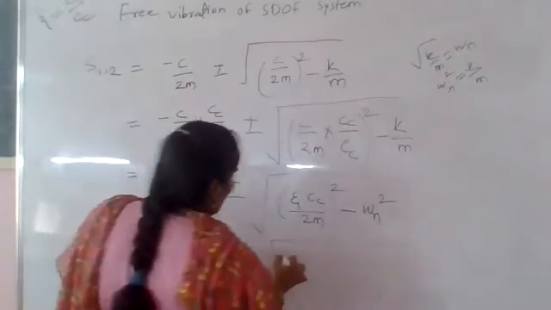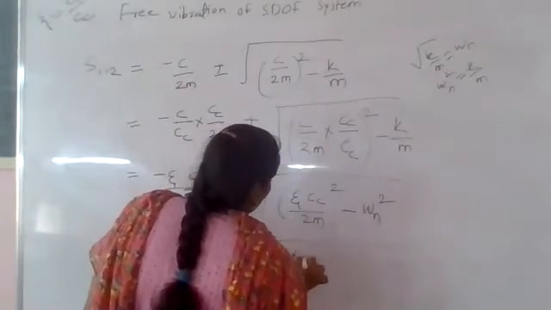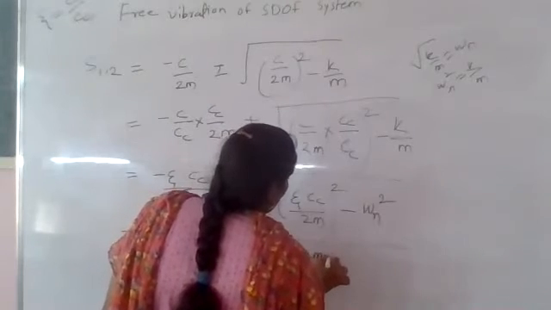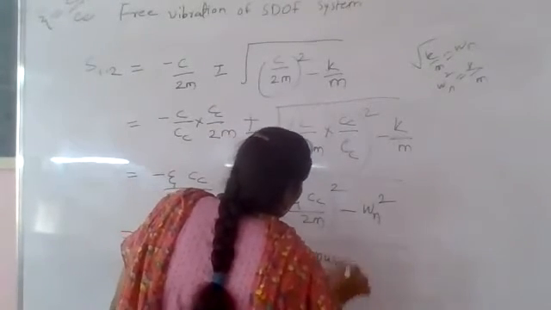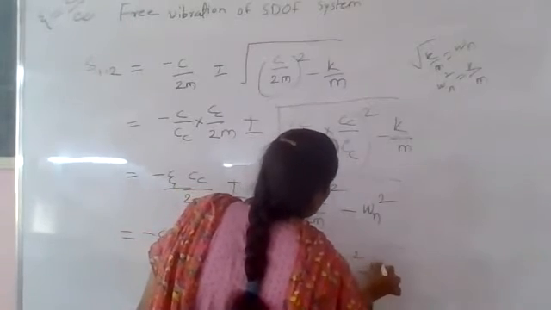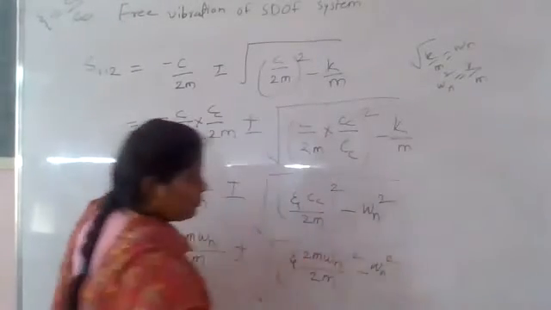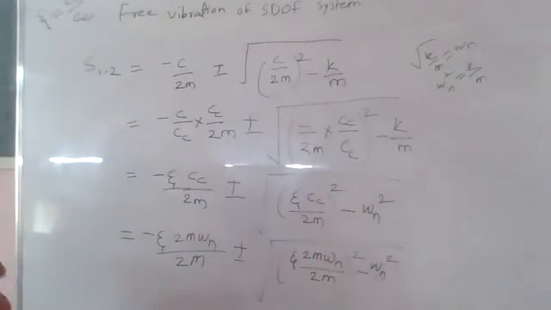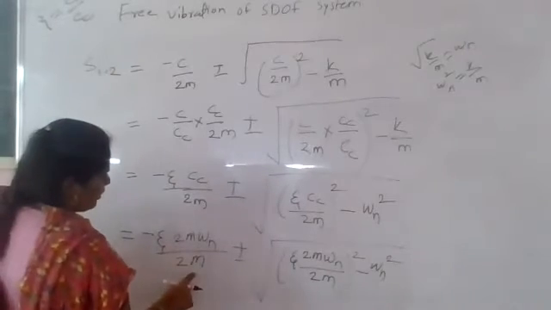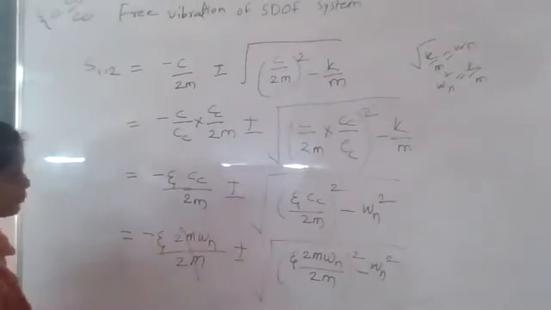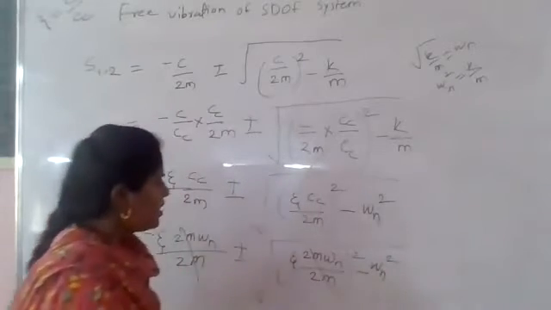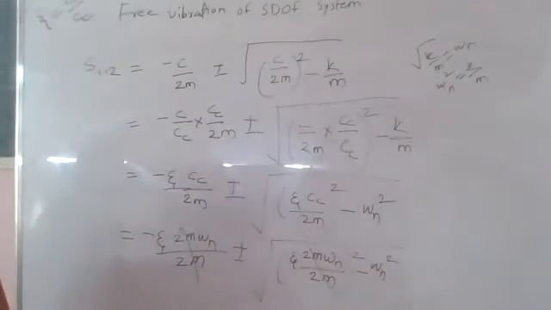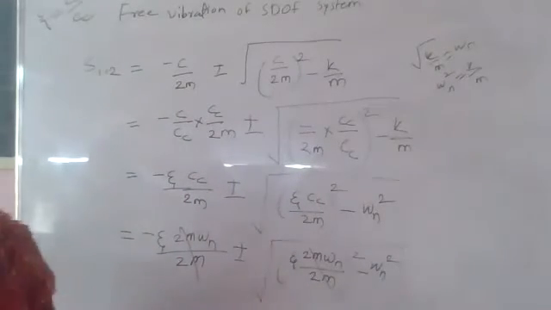Already we know the formula: zeta into twice M omega n divided by twice M, bracket squared, minus omega n square. What is the remaining term? You tell me. Here you can see that twice M gets cancelled in this terminology, and you write the remaining term. Up to this, write it down in your notebook.